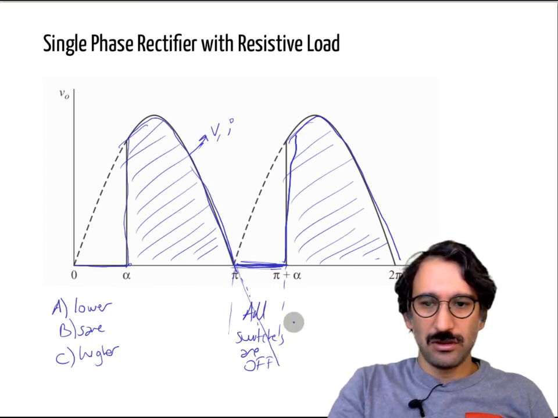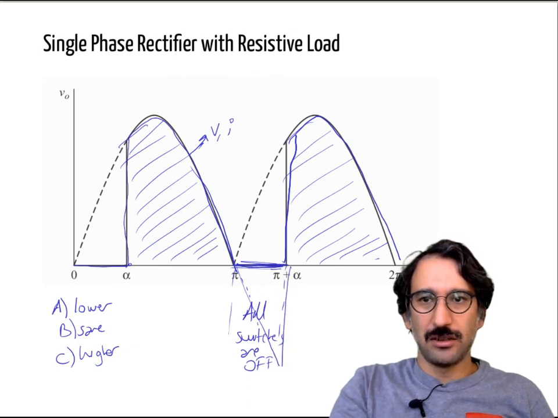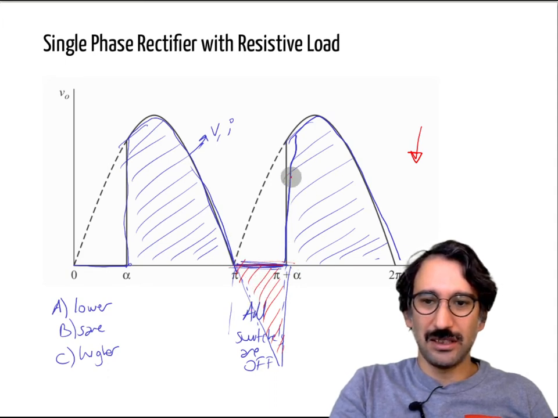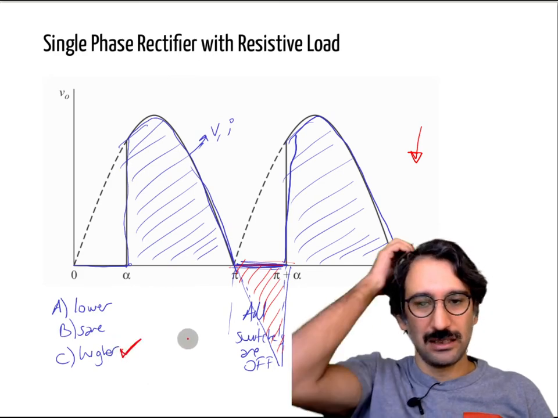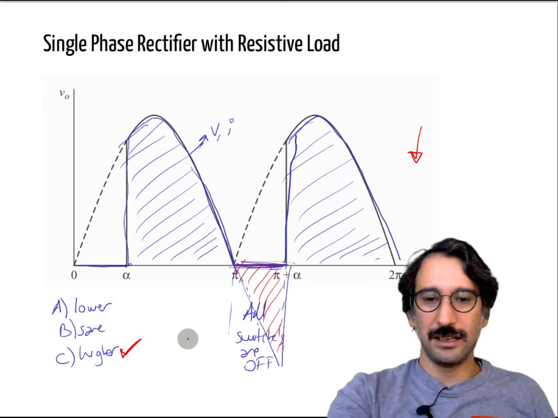And of course, in the previous case, our output voltage is going below 0, and that has even more effect to reduce the output voltage. Now we don't have that negative region. We still have the 0 voltage, but at least it doesn't go to negative voltage. And because of that, for the same firing angle, the average voltage of that case with a resistive load is actually higher, right?